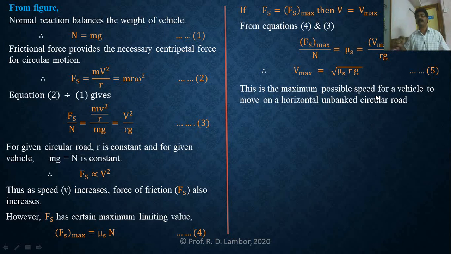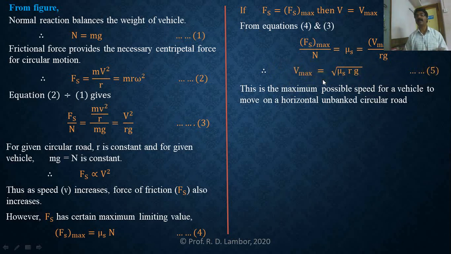And on such an unbanked circular road, the maximum possible speed without any danger of accident, the maximum possible speed with which a vehicle can be safely driven along a horizontal circular track is given by equation 5. So this is the importance of this equation.